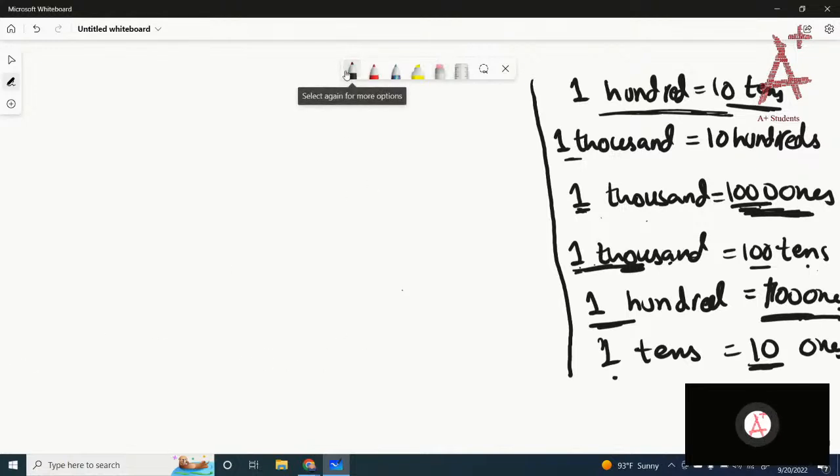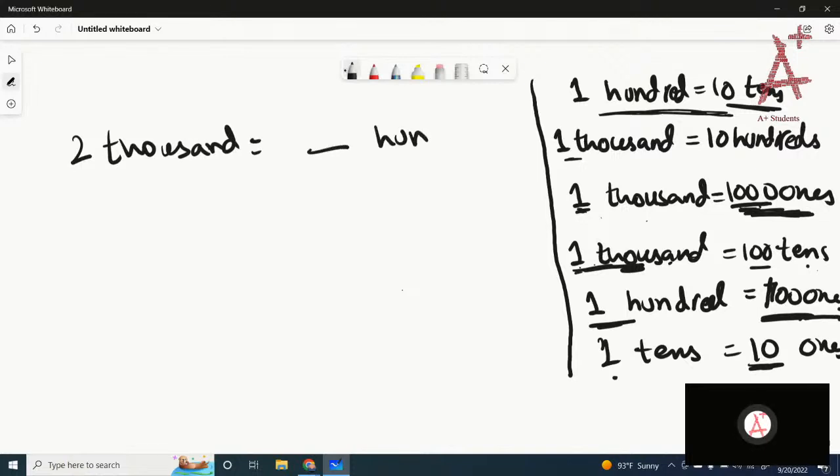Okay, the next one is 2,000 equal how many hundreds? In 1,000 you have 10 hundreds.